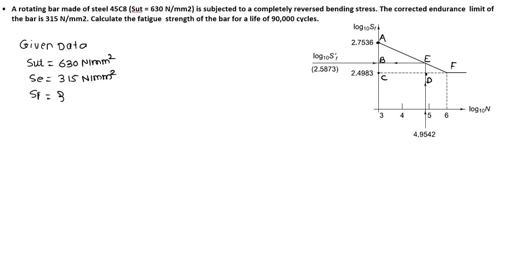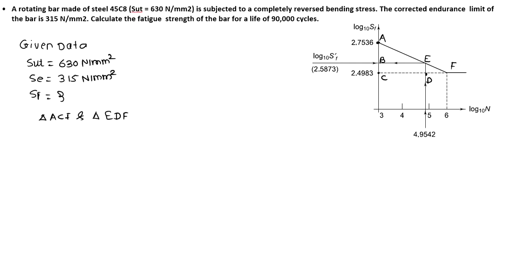Here we will get two triangles. The first triangle is ACF, and the second triangle is EDF. The larger triangle is ACF, the smaller triangle is EDF, and these two triangles are proportional to each other.